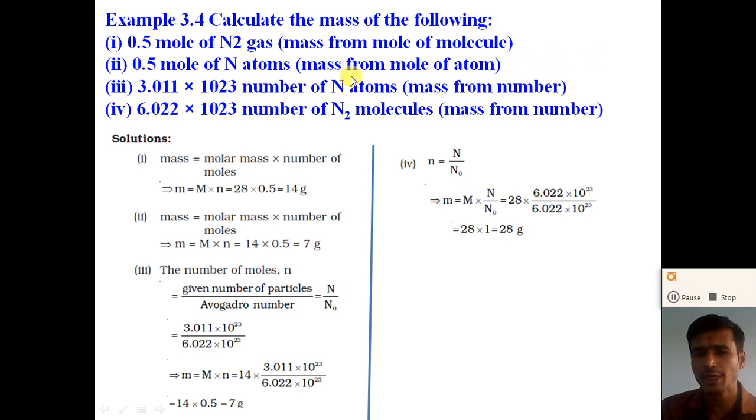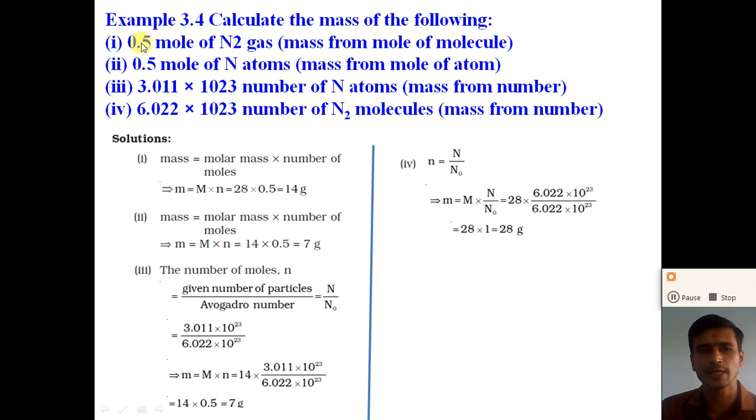How can we calculate the mass from the mole of atoms? Third one, 3.011 into 10 raised to 23 number of nitrogen atoms. How can we calculate the mass from the number of atoms? And 6.022 into 10 raised to 23 number of N2 molecules. How can we find the mass from the number of molecules?